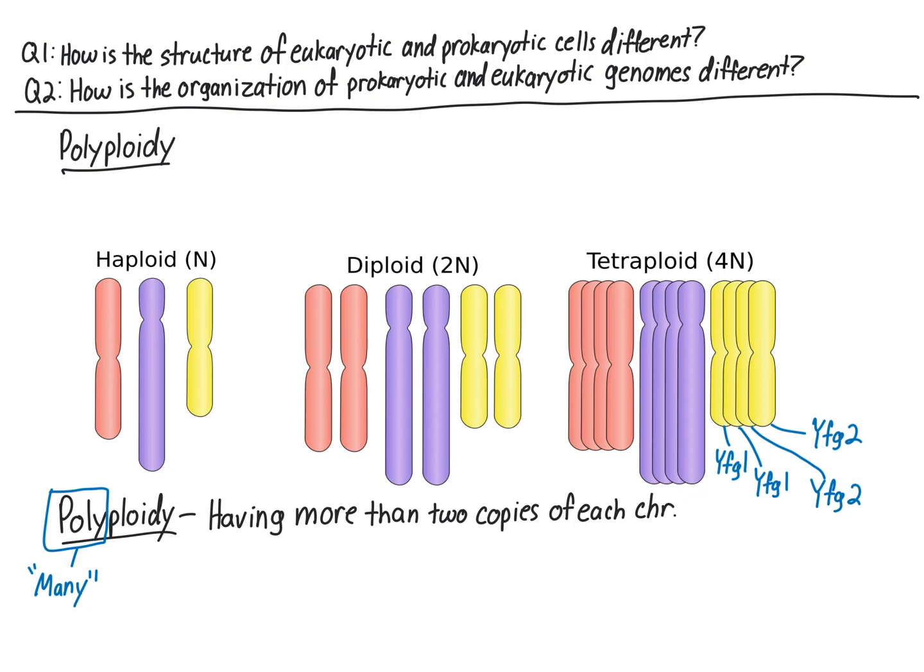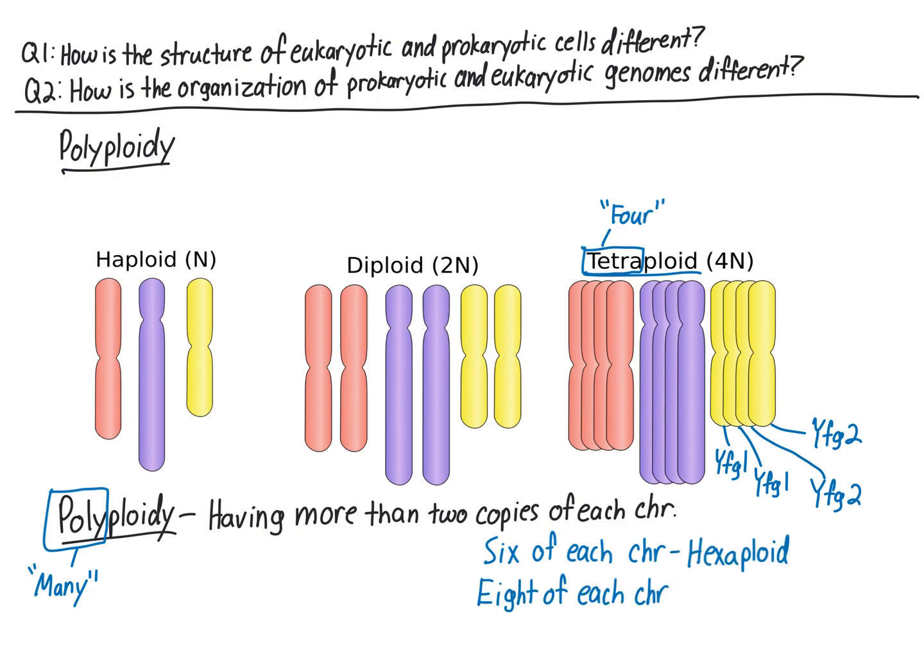In this case, many or more than 2 chromosomes of each type. The type of polyploidy being shown here is tetraploidy, because we see 4 copies of each chromosome, the prefix tetra meaning 4. A species with 6 copies of each chromosome is hexaploid, a species with 8 copies of each chromosome is octaploid, and so on and so forth.